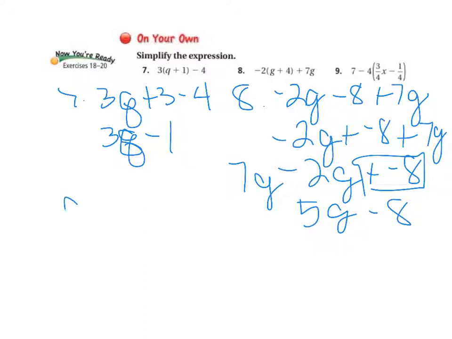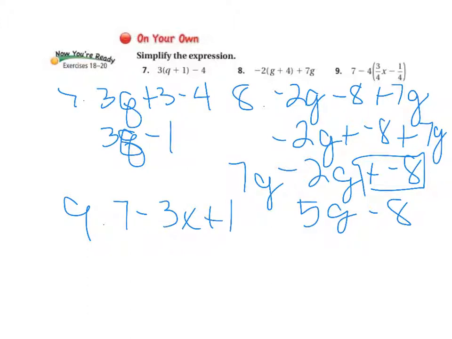And then number 9 is 7 minus 4 times (3/4 x minus 1/4). So it's a negative 4 times 3/4 x, which is negative 3x. And then negative 4 times negative 1/4 is going to be a positive 1.